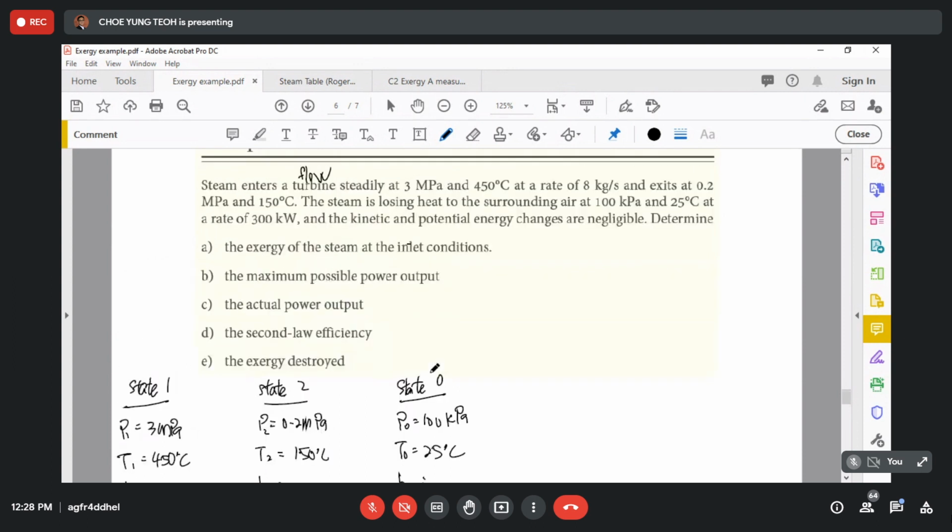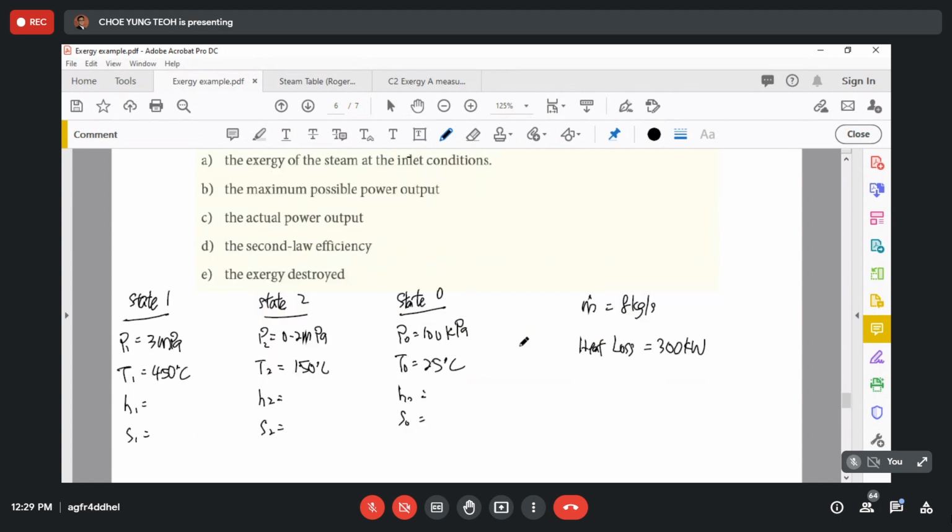And then we have mass flow rate, 8 kg per second, and the heat loss, 300 kilowatt. You can see that actually the question can give you in terms of power or energy. It can be in terms of kilojoule or in terms of watt, but actually the meaning is the same. Okay, then complete this table. 3 megapascal, 30 bar.